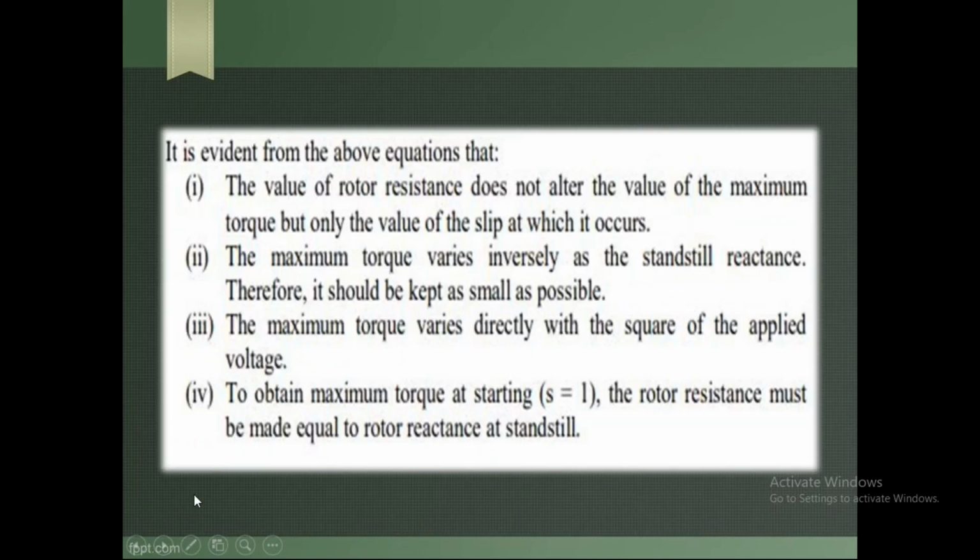Now from the above equations, we are going to observe four parameters. What are the four? The first one: the value of rotor resistance does not alter the value of the maximum torque, but only the value of slip. So we have two parameters, R2 and X2. Which parameter is changing based on the running condition and starting condition?